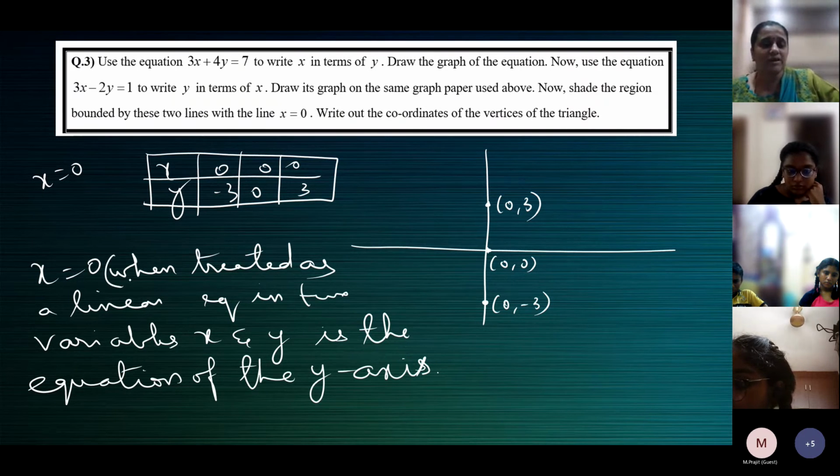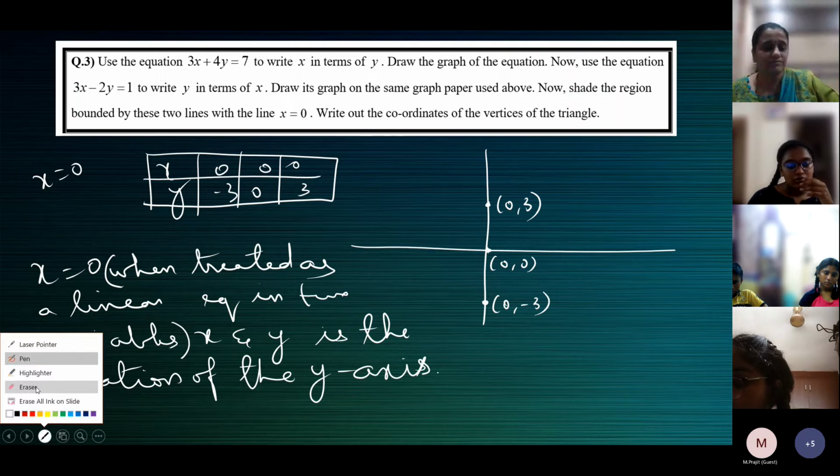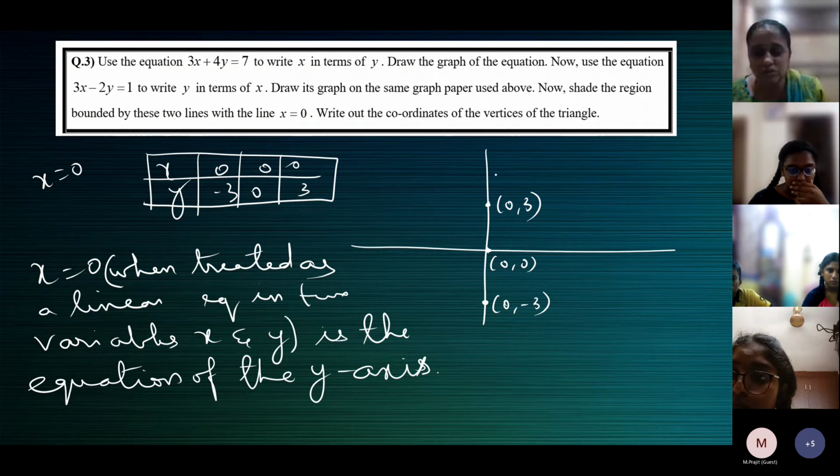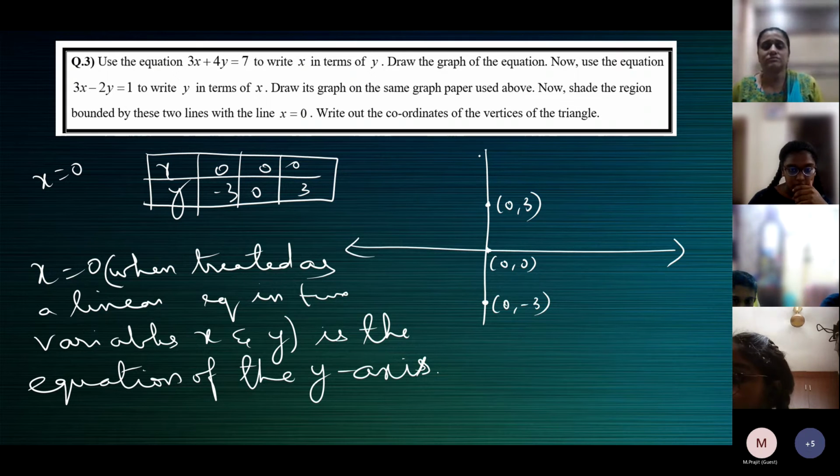You can just put this in a bracket. X is equal to 0 is the equation of the y-axis. Right, children? You can make this, you can show this rough graph here, see here, this one. Very important. I'll give you some time.